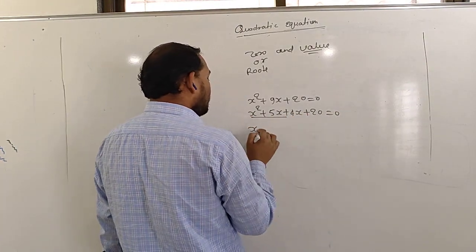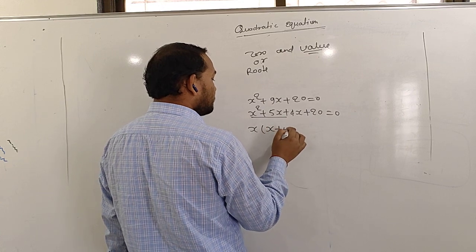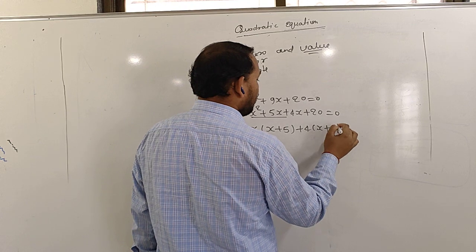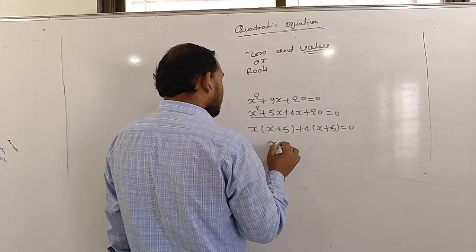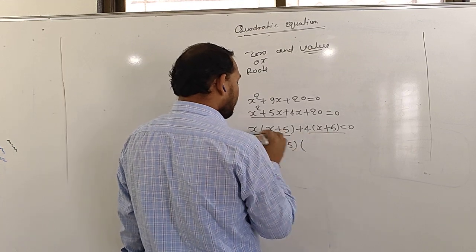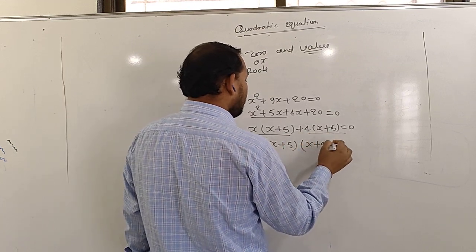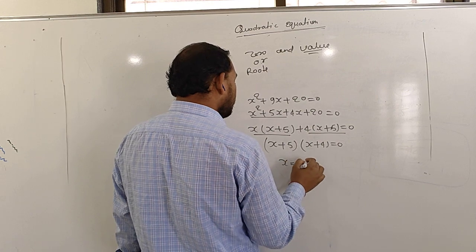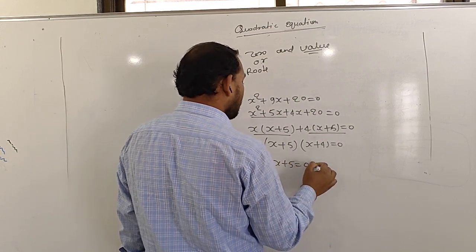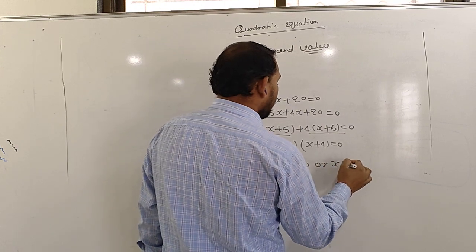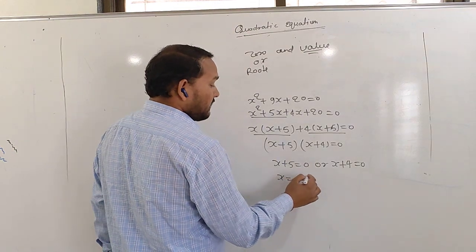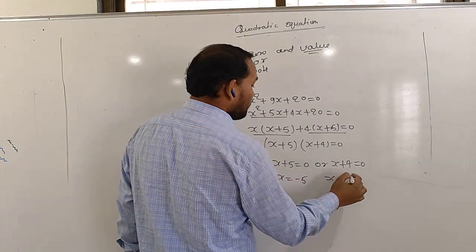We take the common term: x into x plus 5, plus 4 common, x plus 5 equal to 0. Then x plus 5 comes again because it has two terms, and the remaining is x plus 4 equal to 0. It has two values: x plus 5 equal to 0 or x plus 4 equal to 0, so x equal to minus 5 or x equal to minus 4.